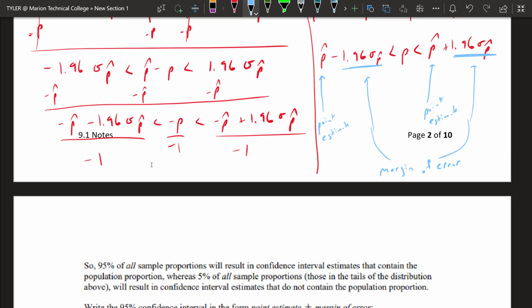By adding and subtracting that amount, we're allowing for some error to occur, because if I take a sample, it's not going to be exactly equal to p necessarily. There might be some error there. So that's why we call that the margin of error.